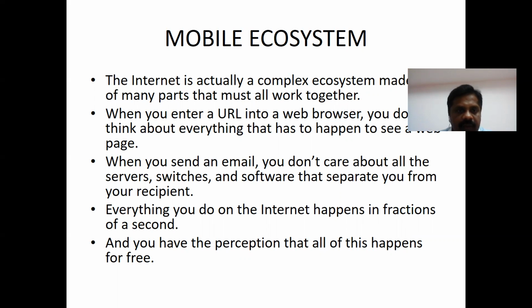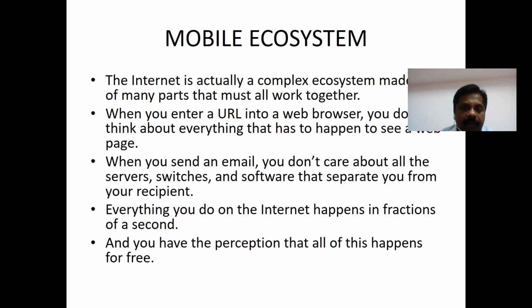So, the mobile ecosystem in the earliest days: they used the system and mobile separately. They didn't have internet in mobile. They had a system, they used the system, and they connected to the internet through that system only. Mobile phones were used only for calling and messaging.